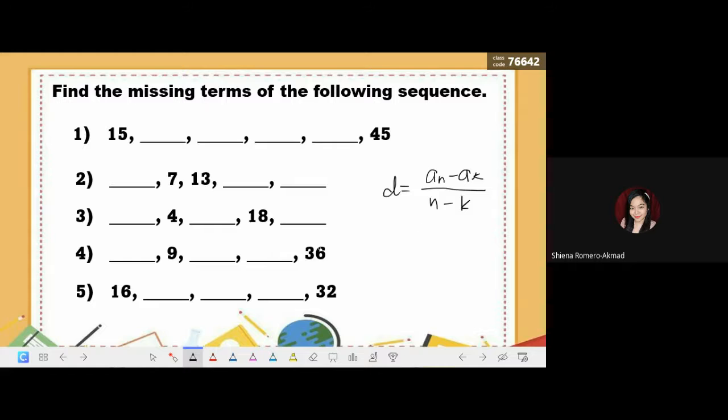So ganun lang. Let's try number 1. So d is equal to 45 minus 15 divided by, pang ilan ba to? 1, 2, 3, 4, 5, 6. Pang 6 siya. Okay?